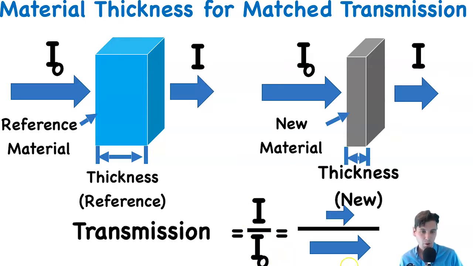What we're going to solve for here is the thickness of the new material such that we have the same attenuation. Attenuation is the amount that's stopped in the material, and transmission is the amount that goes through the material. So if we have the same attenuation, we have the same transmission.